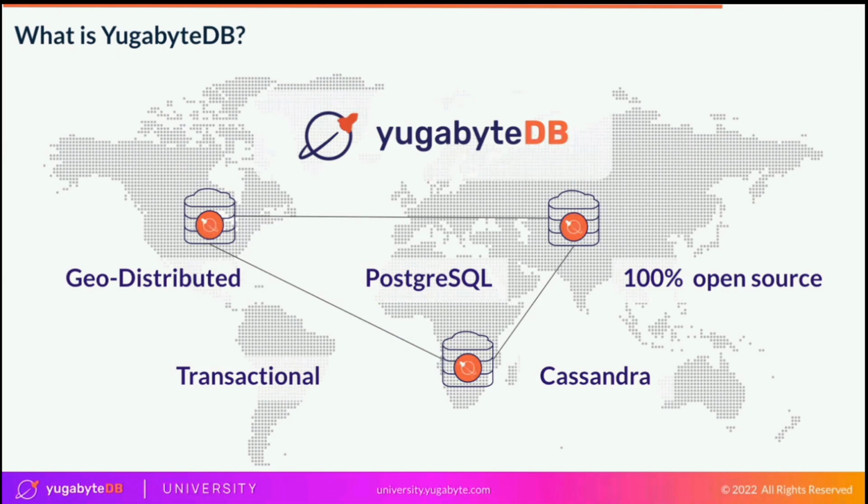So for those of us who've built these types of distributed systems, we know that the database can be a real bottleneck, the traditional monolithic database, right? Because it's located in one region, in one data center. And to try to build distributed systems or microservices or cloud-native applications on top of a monolithic database can be really challenging. You end up doing things like, oh, we're going to manually shard data.